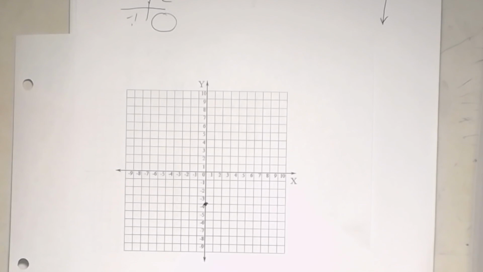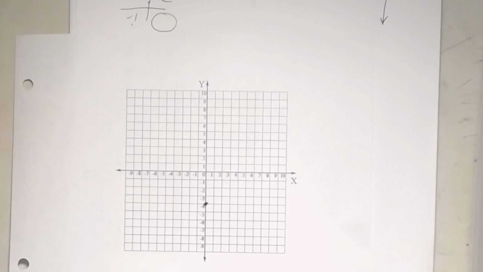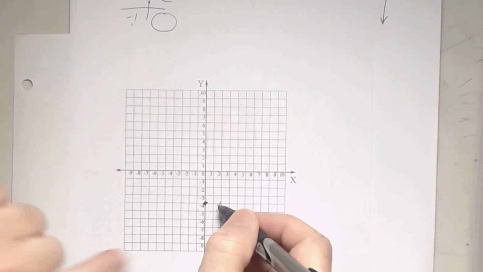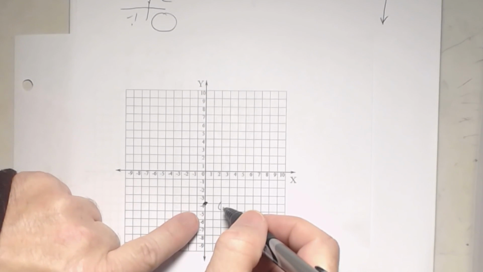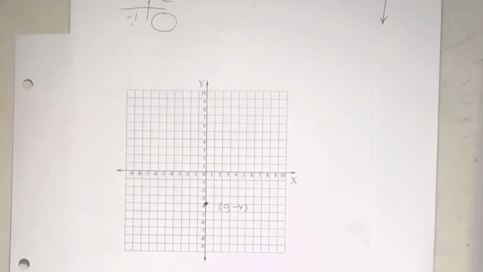Now if the direction says label, label does not mean just put a dot. Label means to indicate what the x and y coordinates are. All right, so you're going to do something like this. You're going to say, all right, well, I'm about to label it. So this is 0 what? -4. All right.